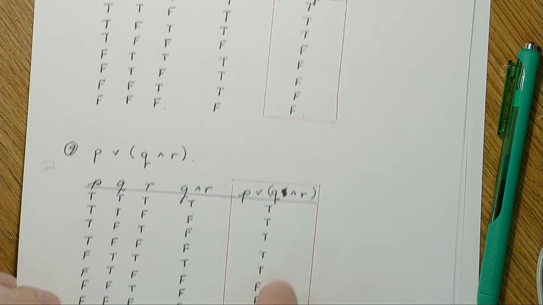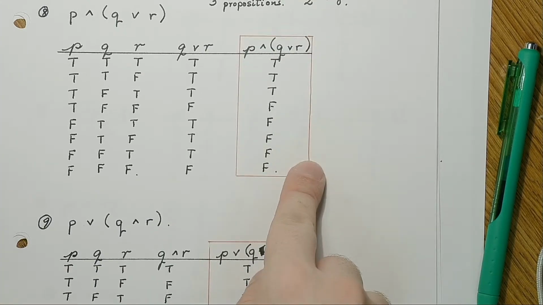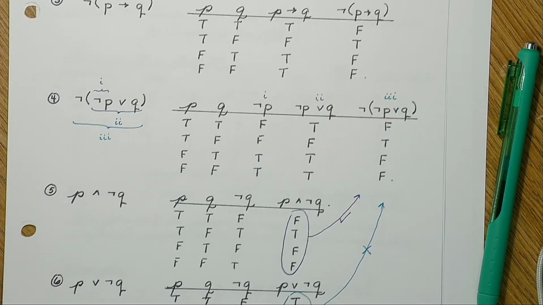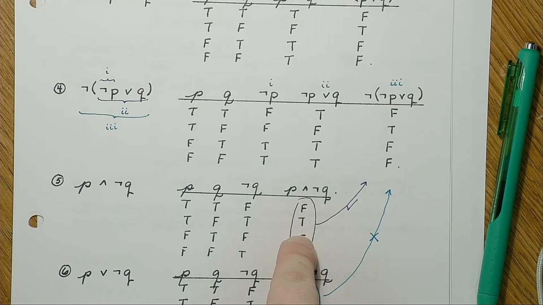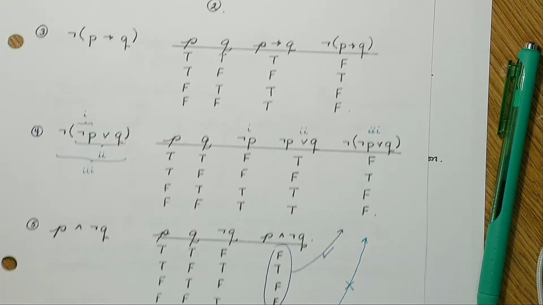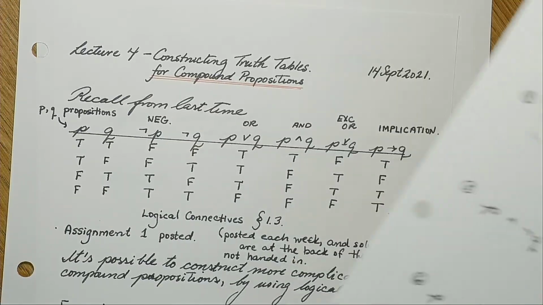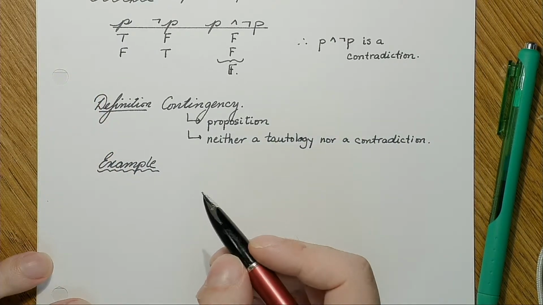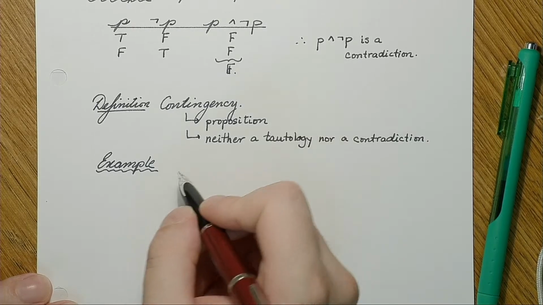This is a contingency as well. This is a contingency. Again, contingency, contingency, and so on. So there's lots of examples of contingencies.